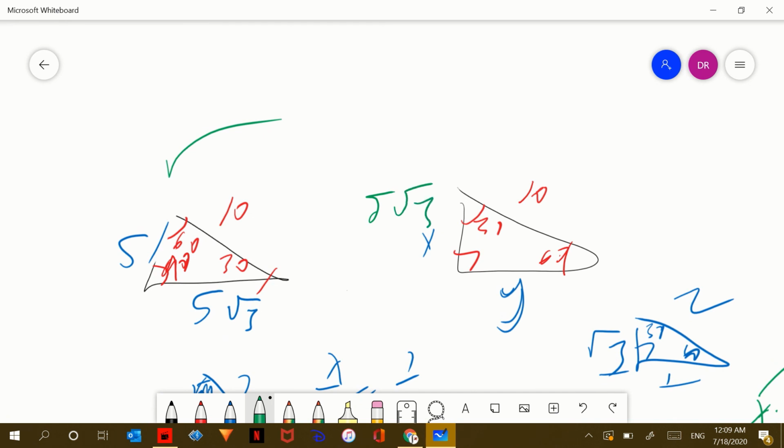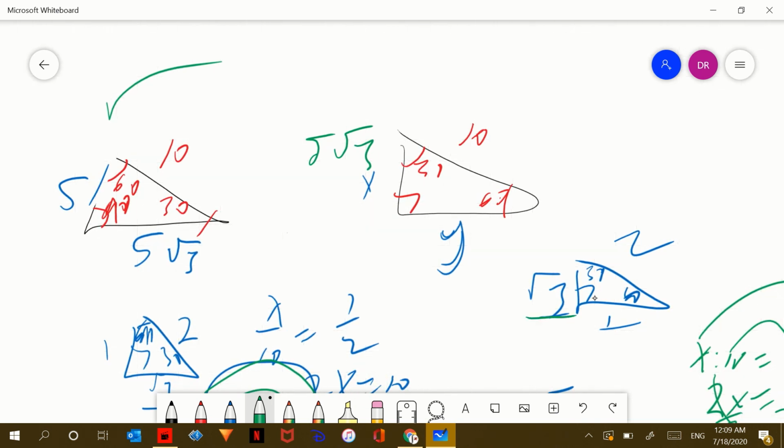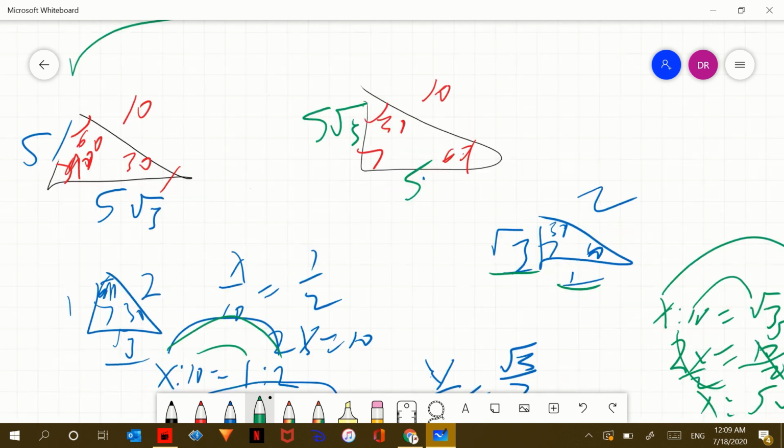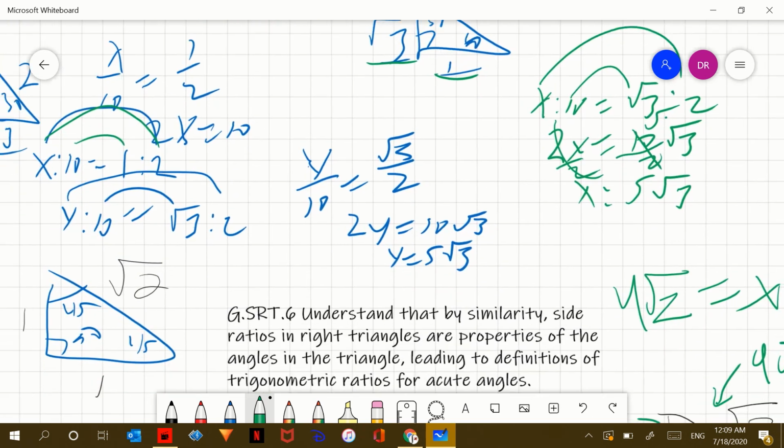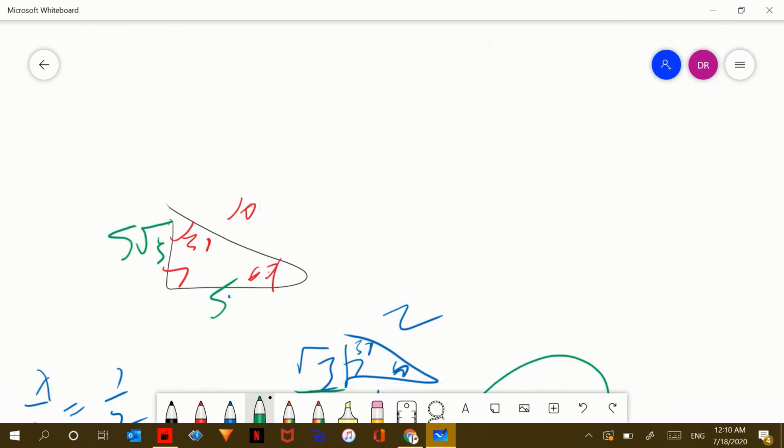And again, you can see that for every square root of 3 of that, there's 1 of y. So you can divide by square root of 3, getting you that y is equal to 5. Or, again, you can just solve it. y to 10 is equal to 1 and 2.